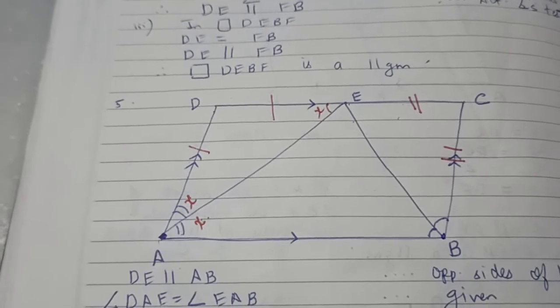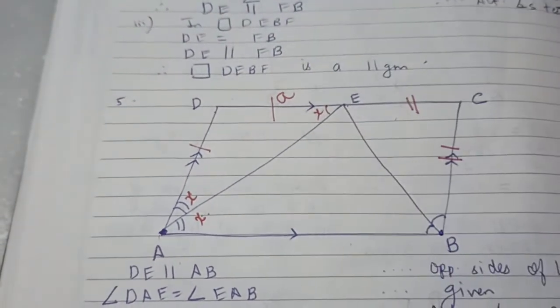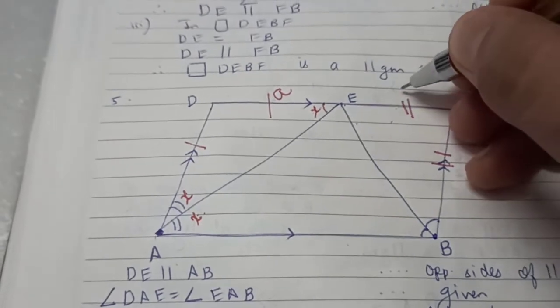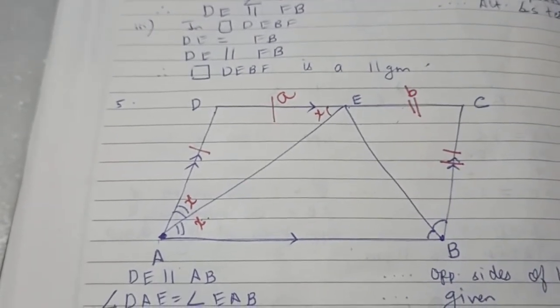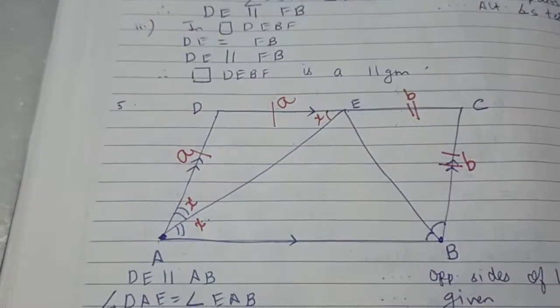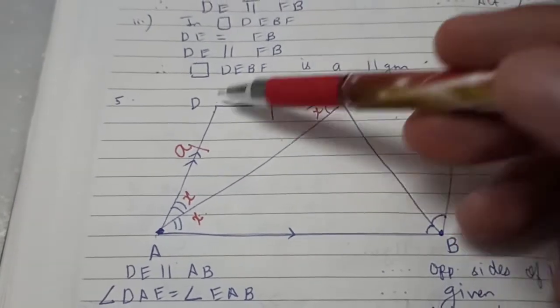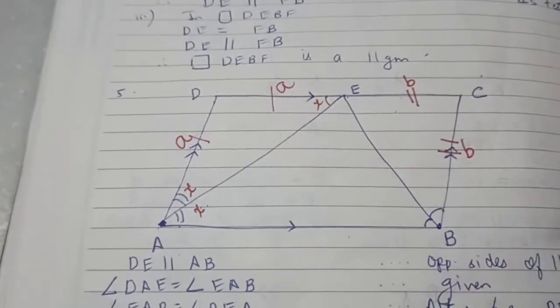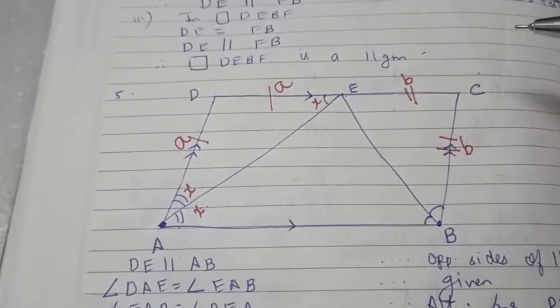Now, imagine DE is, let's say, A and EC is B. So this becomes B and this becomes A. Now DC is equal to AB, opposite sides of parallelogram. So how much is AB now?